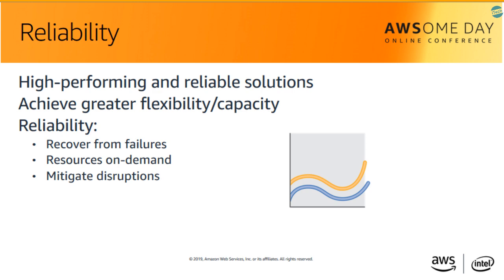It also focuses on the ability to dynamically acquire compute resources to meet demand and mitigate disruptions. In order to achieve reliability, your architecture and system must have well-planned foundations in demand and also detect failure and automatically heal itself.